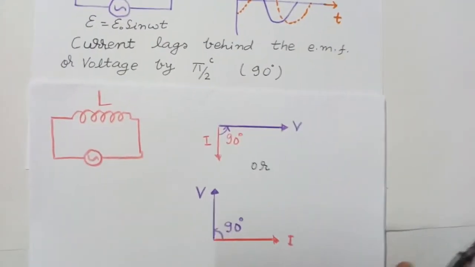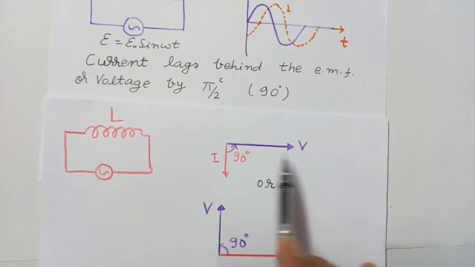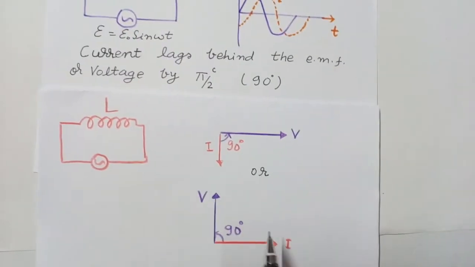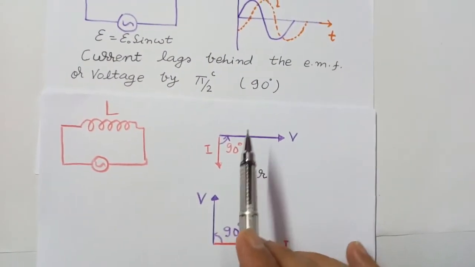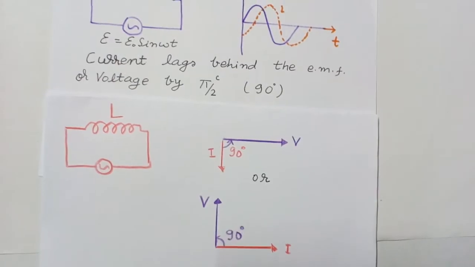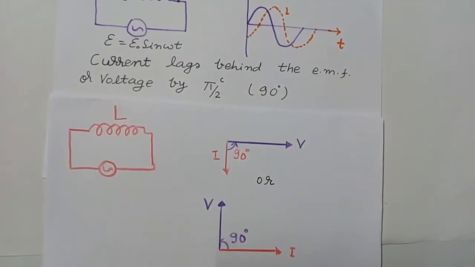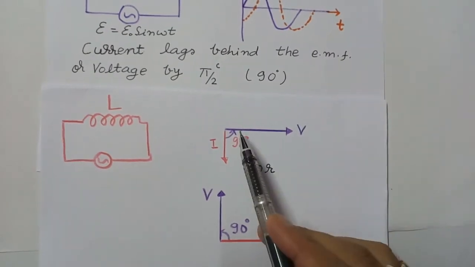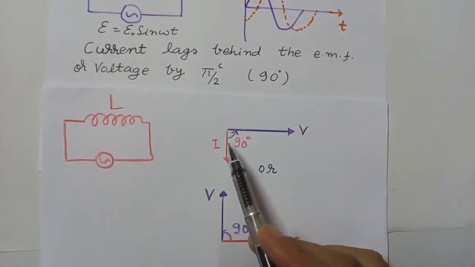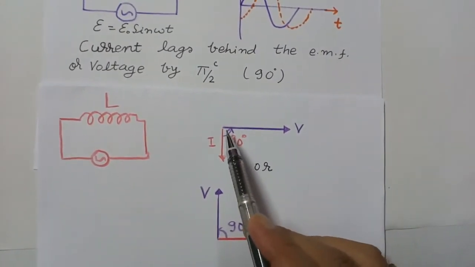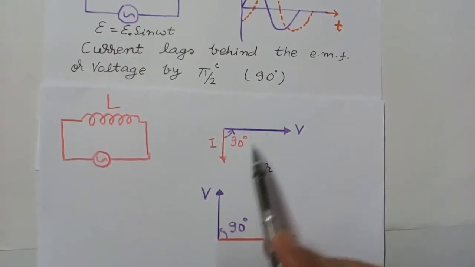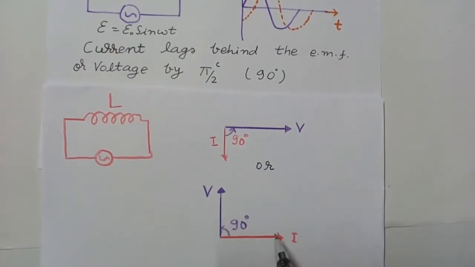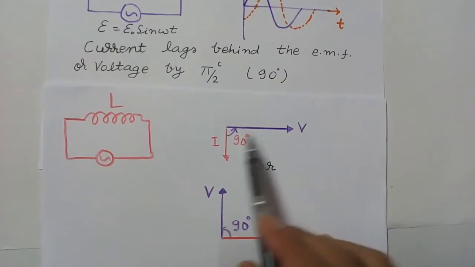This is phasor diagram for V and I. Since current is 90 degree behind the voltage, the phasor diagram is drawn like this. This is V, this is I.